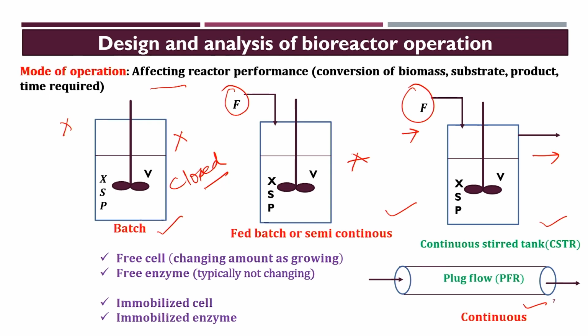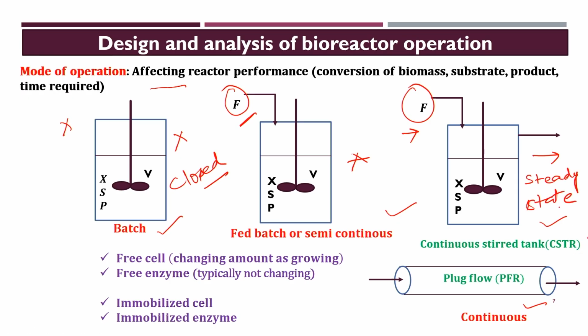So, there is no inlet of mass. In the fed batch, intermittent feeding is done, but there is no outlet, and in the continuous, there is a continuous supply and continuous outlet. So, it basically operates at steady state.